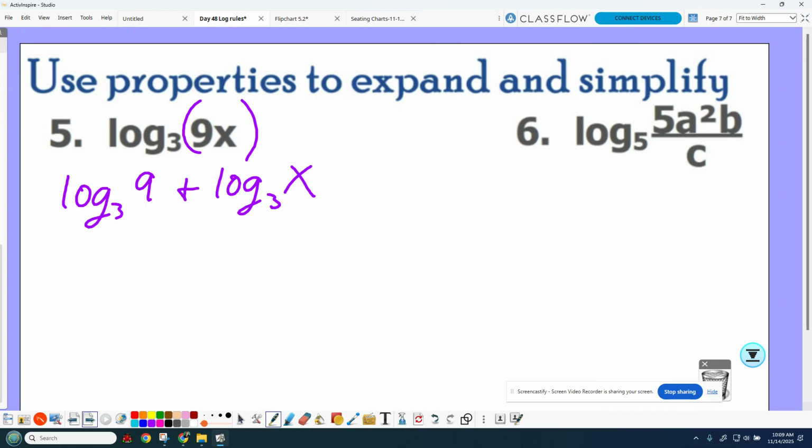Can I evaluate, can I get a number out of any of those? Naomi's saying yes, Jean Gideon saying yes, Boaz is kind of nodding his head yes. What number comes out of the first one? Tim says 2. 3 to what power is 9? 2.